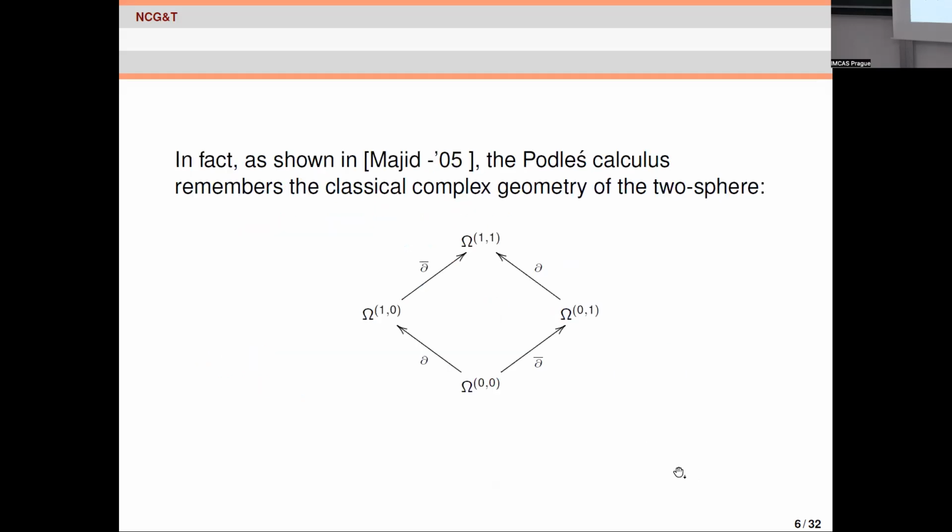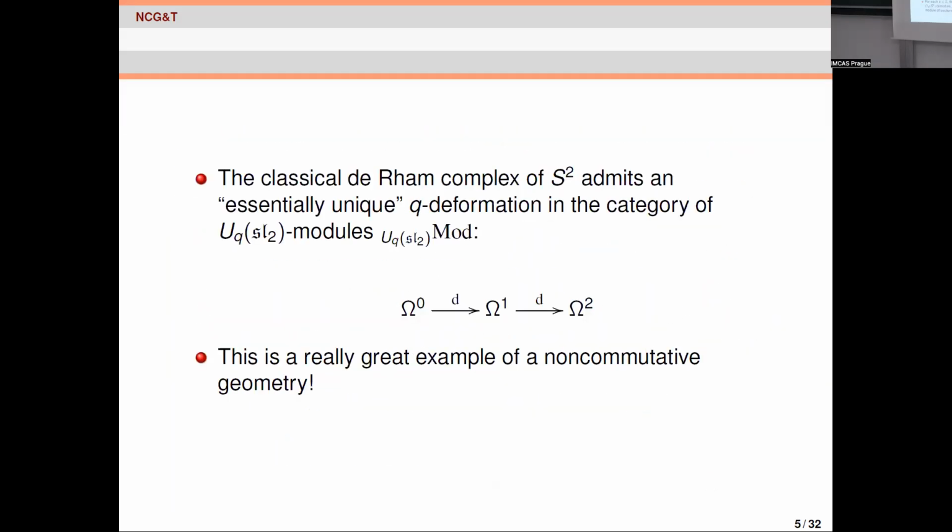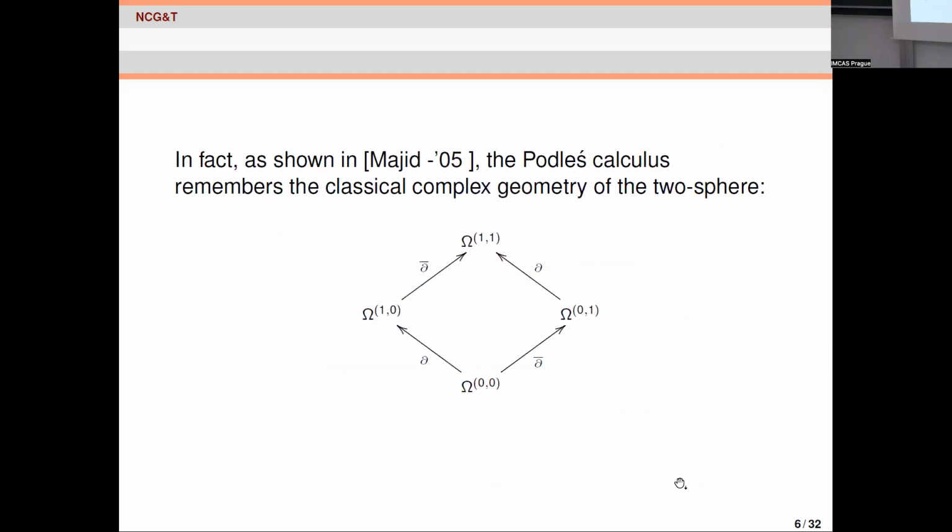But beforehand, let's just recall an observation of Majid from almost 20 years ago now, that in fact these one-forms, so if you go back, this is the de Rham complex. It's a complex, but in a classical setting, if you have a complex manifold, at least a complex surface or a Riemann surface, then your one-forms are going to break up into a direct sum, called (1,0) and (0,1).